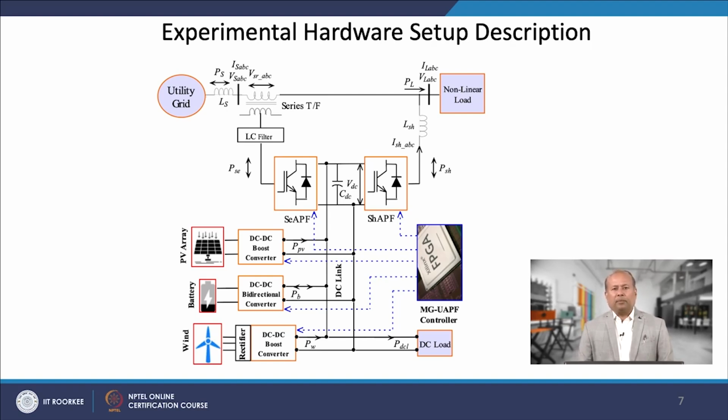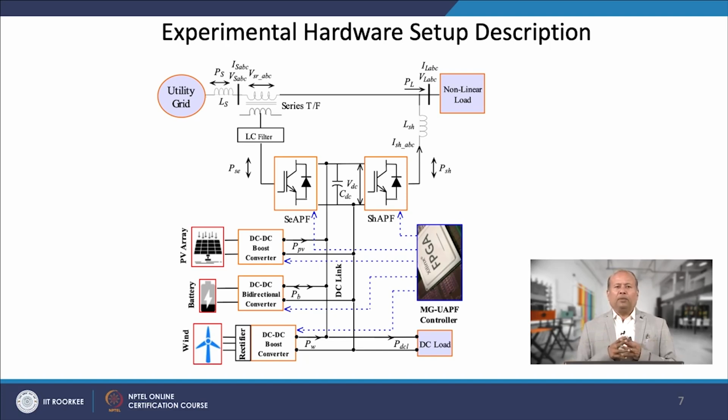At the same time, the shunt active filter behaves as a pure sinusoidal voltage source and offers a low impedance path for the harmonics. Therefore, the flow of harmonic current through the grid is blocked. Here the load fed through a diode bridge rectifier is treated as a non-linear load.